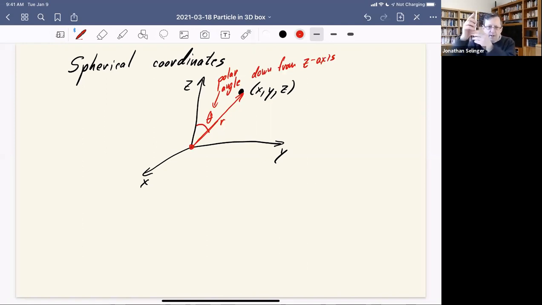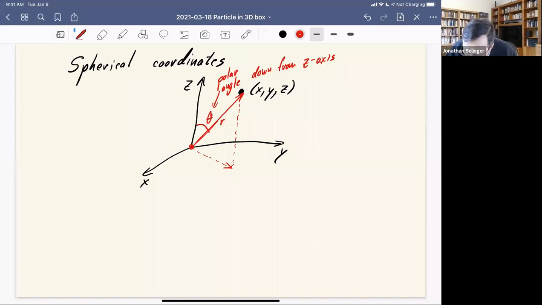So I can make that with my Apple Pencil, right? Going down. But then there's still a lot of points that are the same polar angle down. You also need to say where it is going around the z-axis. So to characterize that, we take this point and project it down into the xy plane. That makes a vector like this.